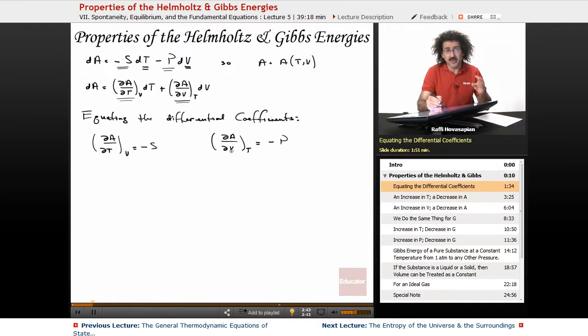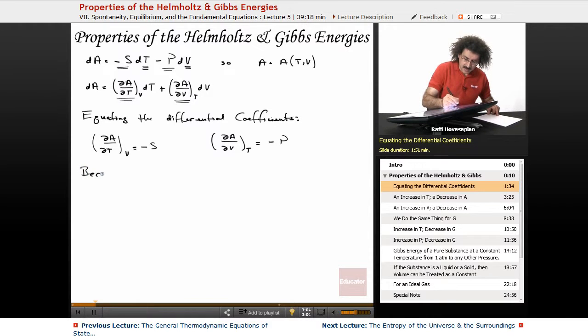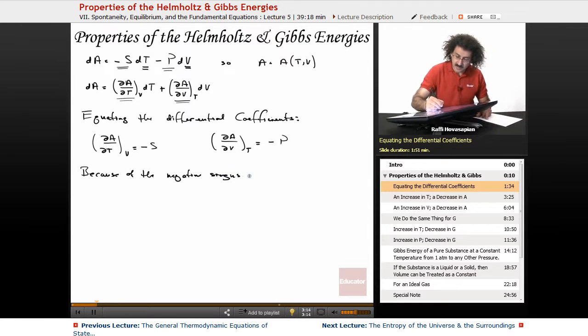If you make a change in the volume of a system, the Helmholtz energy of that system is going to change at a rate equal to the negative of the pressure of that system at that point. And again, here you're holding V constant, here you're holding T constant. Because of the negative signs, these equations say the following.